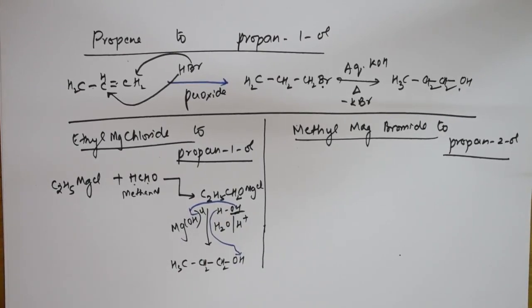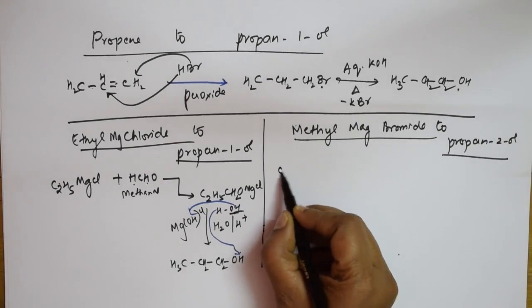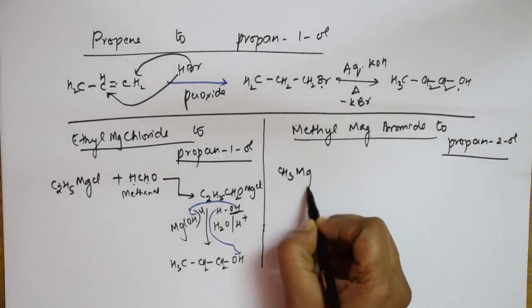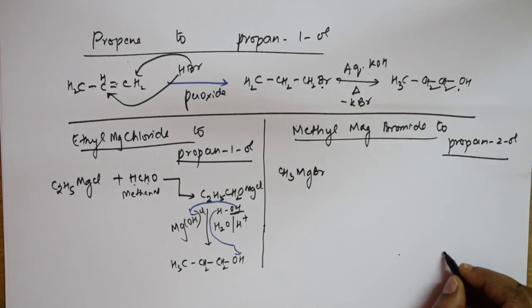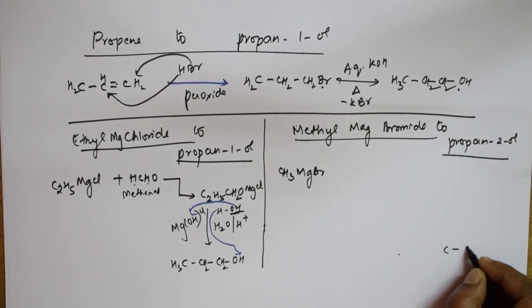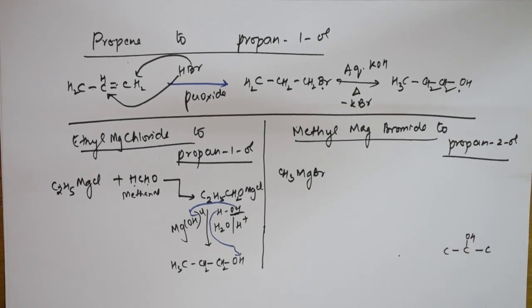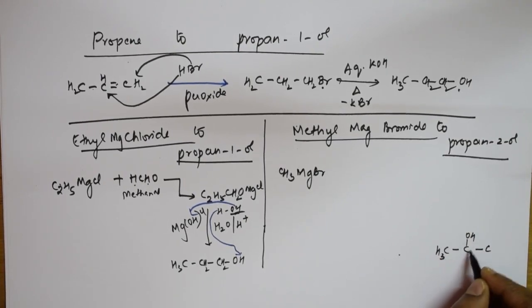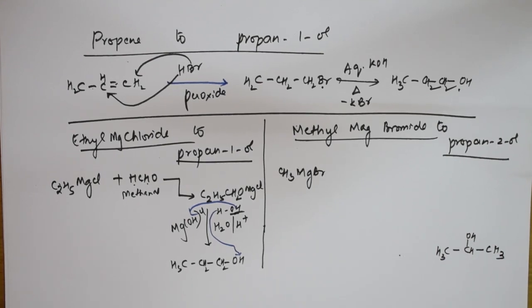Now they've asked me to convert methyl magnesium bromide to propan-2-ol. Let us write the formula. Methyl magnesium bromide, CH3MgBr. What should I convert it into? Propan-2-ol. 1, 2, 3. To the second carbon you have OH. This is propan-2-ol, but what did they ask me?